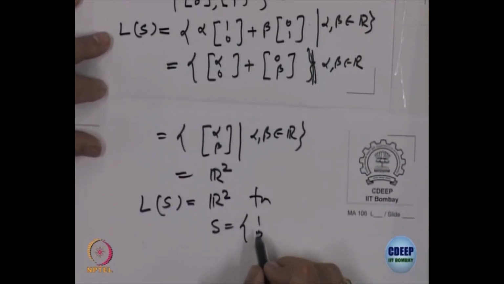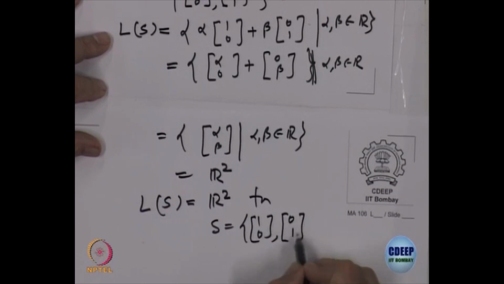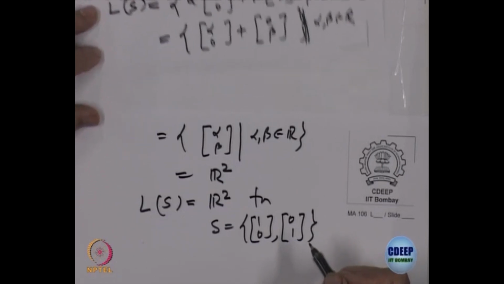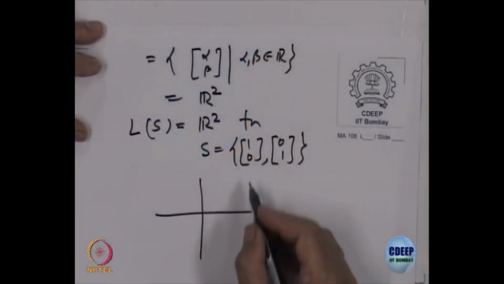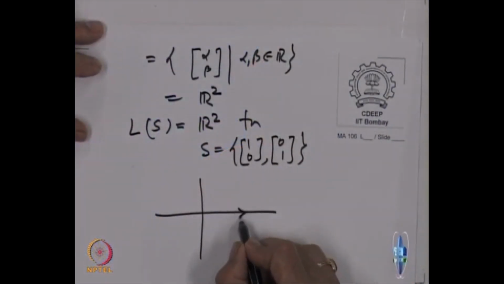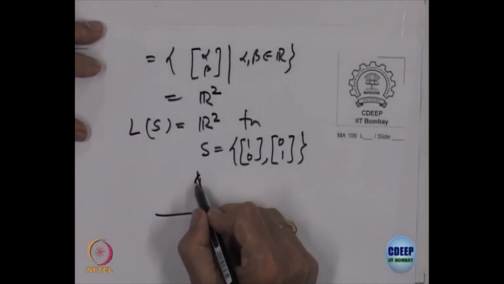for S equal to 1 0, 0 1, right. Do you recognize this already? Do you recognize what I am doing? I am not doing anything new. It only says what is 1 0. So, this is this vector. What is 0 1?